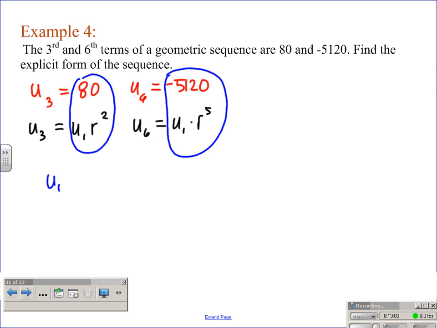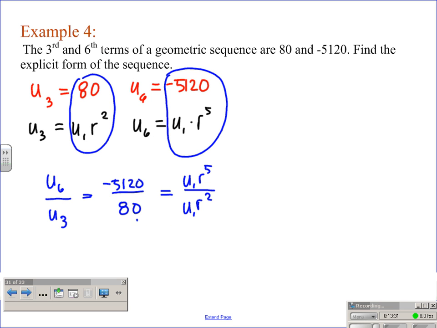So what I'm going to do is write a ratio of u to the sixth over u to the third. We know that the values of those are 80 and negative 5,120, so I can rewrite that as negative 5,120 over 80, and set that equal to this here, and the first term r to the second.